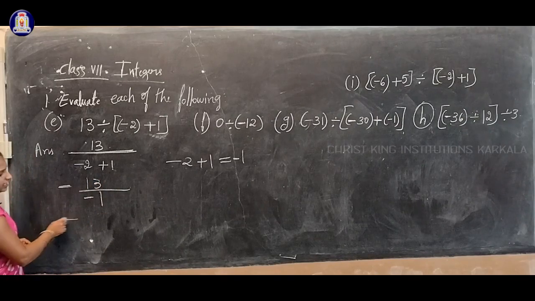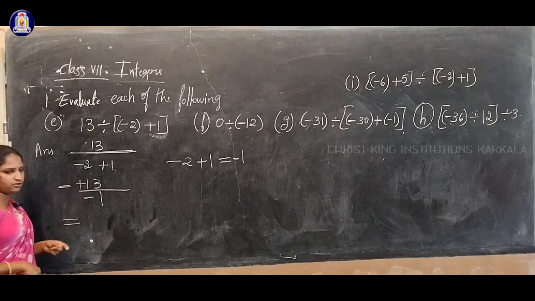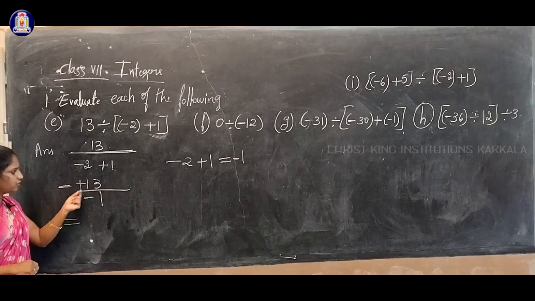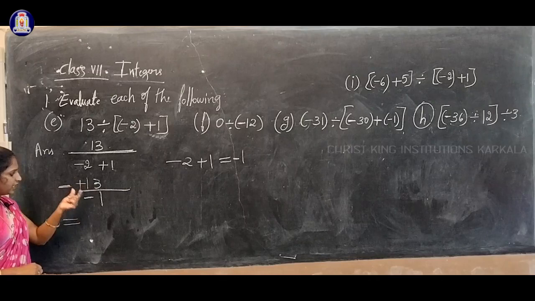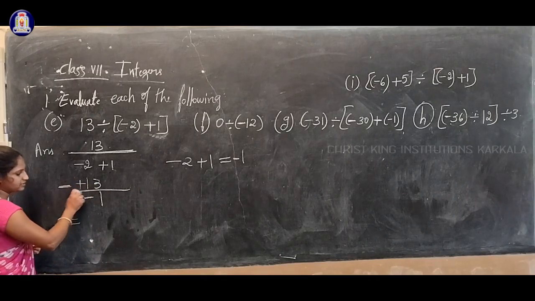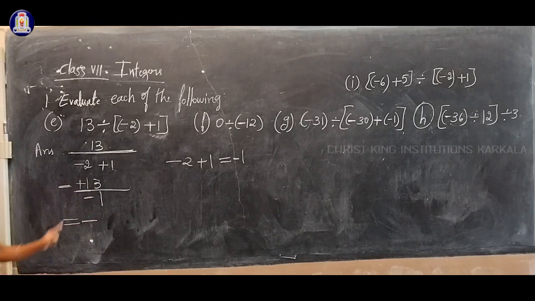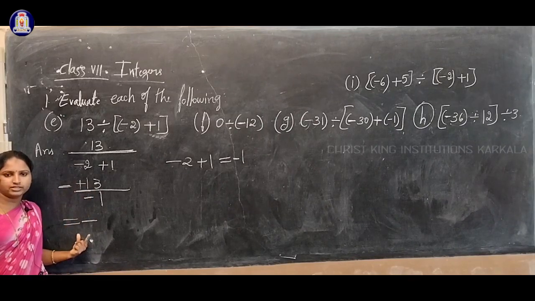Now 13 divided by minus 1. What is the sign of 13? Is it given? No. Then you have to write plus, since the sign is not mentioned. Plus and minus, different sign, so in division plus minus is minus.